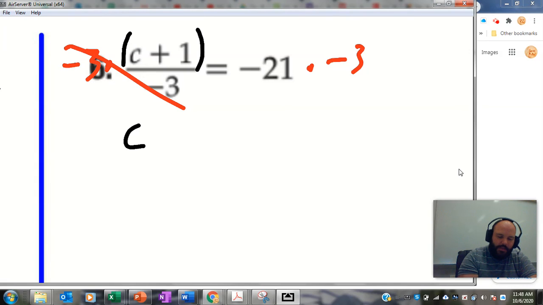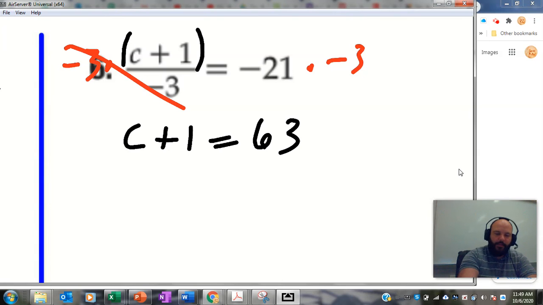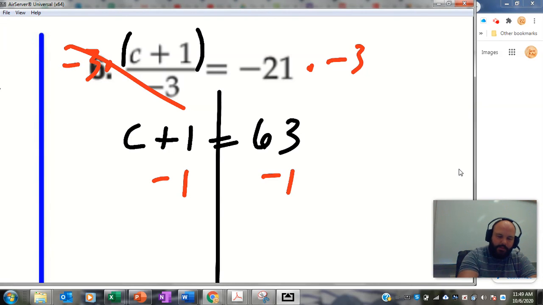And we have c plus 1 equals, and then we have -21 times -3, which gives me positive 63. From there, and I forgot to draw my line, we're going to subtract 1 from both sides, and we're going to get c equals 62.